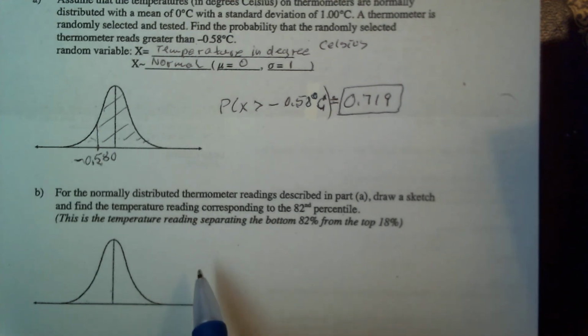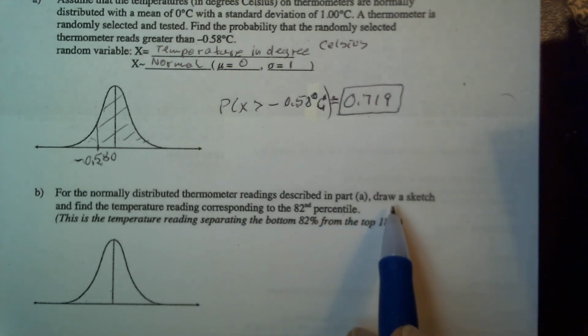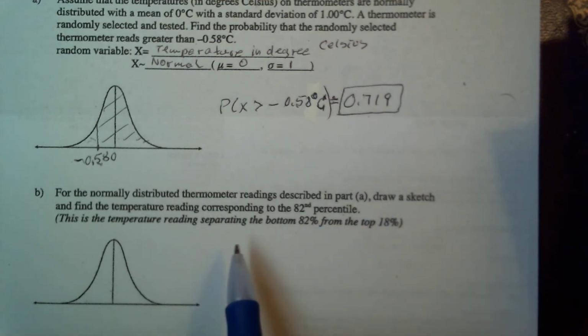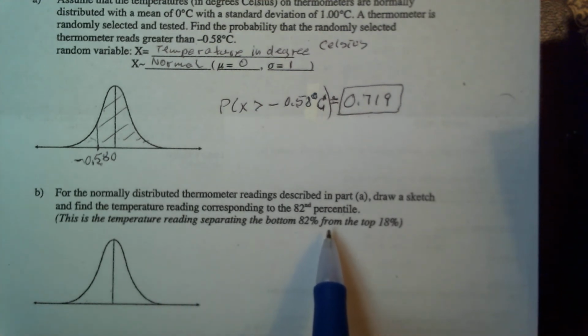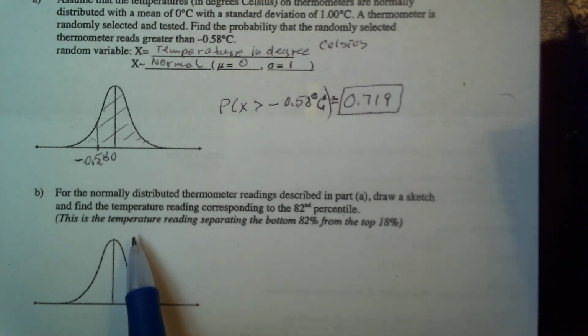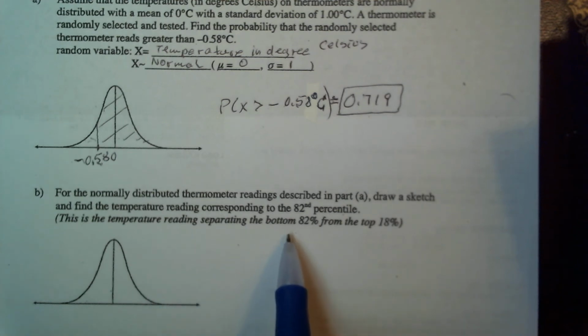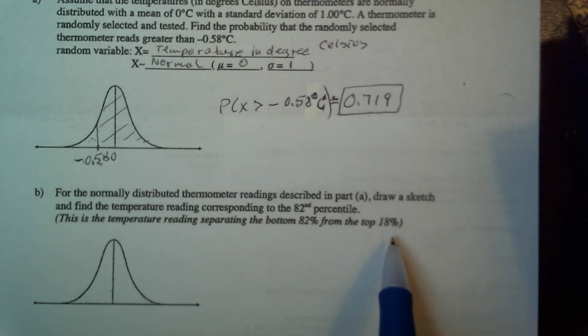The next question asks: for the normally distributed thermometer readings described in part A, draw the sketch and find the temperature reading corresponding to the 82nd percentile. In other words, remember that's a temperature reading that separates the bottom 82% from the top 18%. So that would be about here.